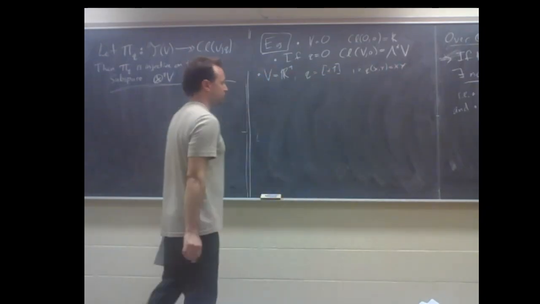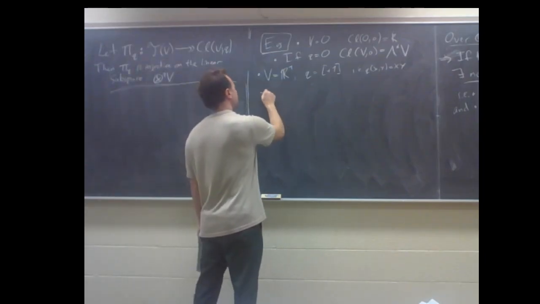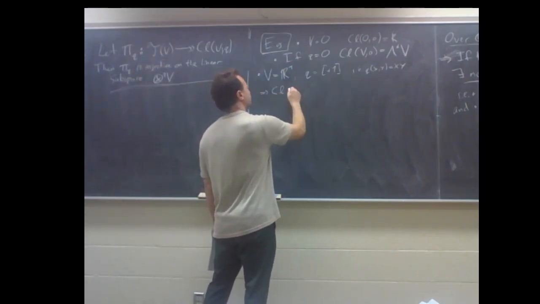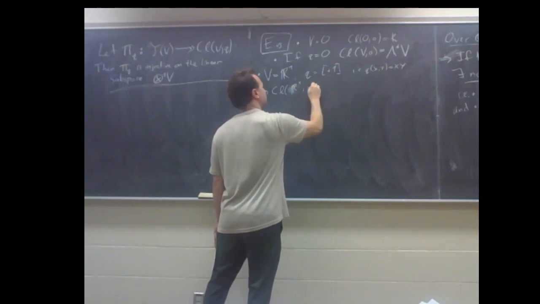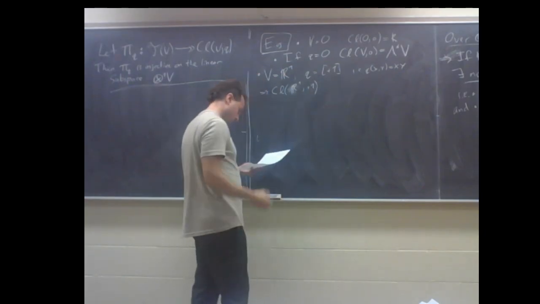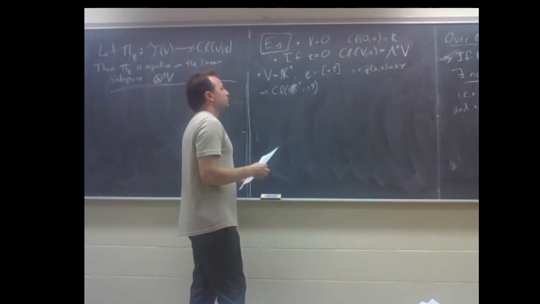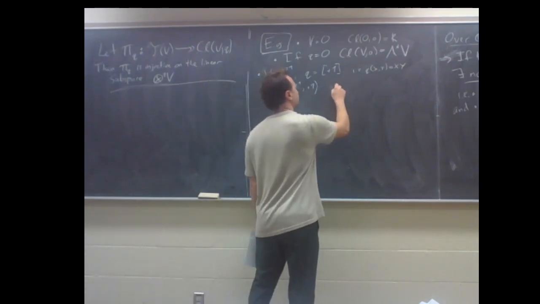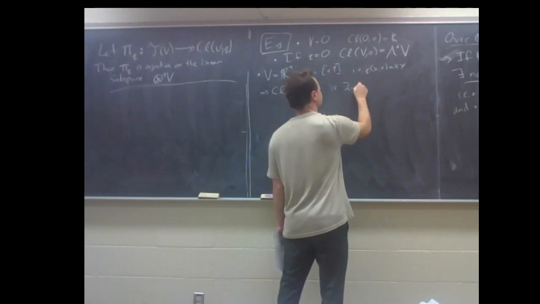So the quadratic form is just squaring. Then the Clifford algebra of R with this quadratic form... how did I want to describe this? Okay, yeah, I haven't said enough to really describe this. So this is a two-dimensional vector space.